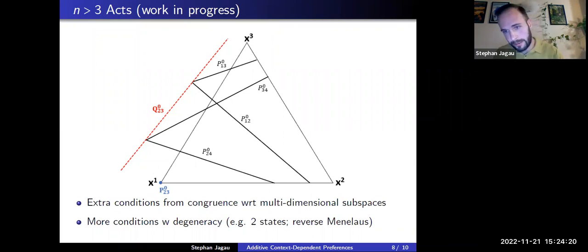We get some additional conditions too, that I'm not going to really be able to get into here, with degeneracy. Two ways in which you could have degeneracy here: if there are only 2 states, everything's on a probability line. Then, for example, this whole triple additivity condition is going to be toothless. You could also have a total indifference point where everything circles around the total indifference point in terms of the pairwise comparisons. In both of those cases, you're going to need additional conditions over and above what you have in a fully defined case to make it work.